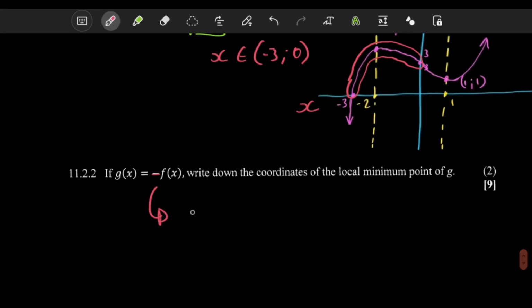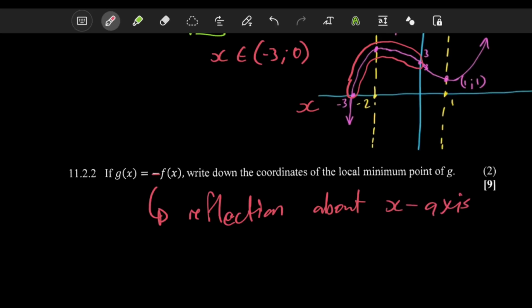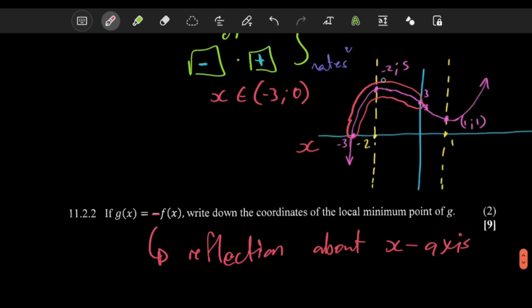So this is basically a reflection about the x-axis. If you're going to write down the local minimum, this local maximum is going to become the local minimum.